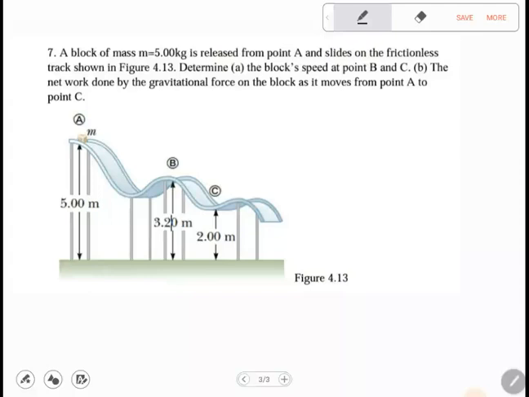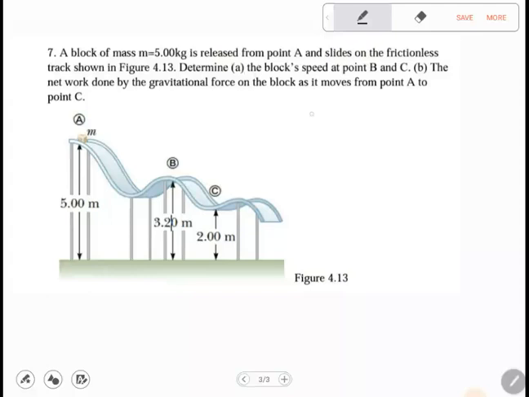So the first part that we need to do is find the speed at point B, also at point C. To find the speed at B, we are going to choose the conservation of mechanical energy.